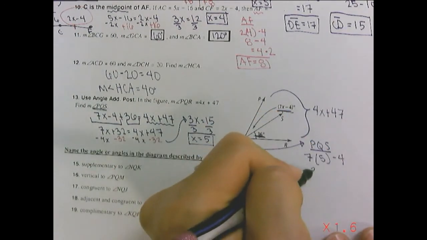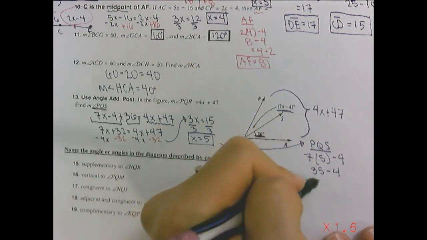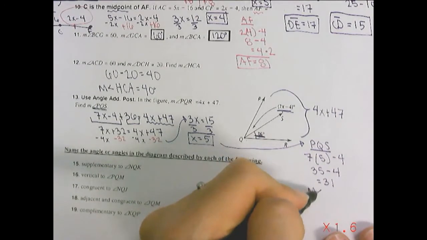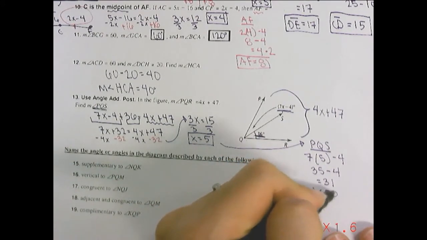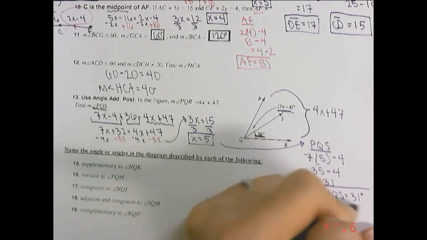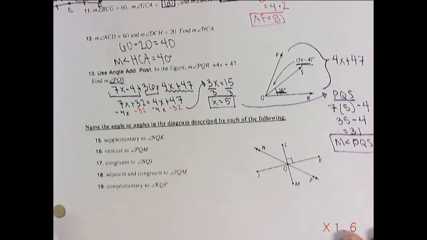Well, that's going to be 35 minus 4, which equals 31. So the measure of angle PQS equals 31 degrees. Okay.